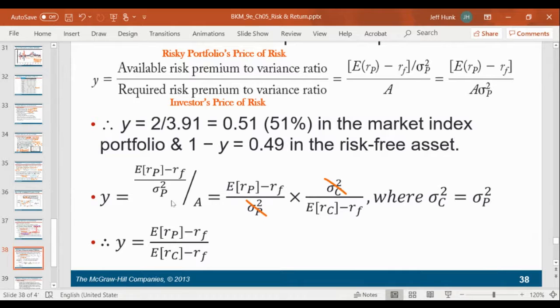The formula is basically risky portfolio's price of risk, in our example, our market, right? And then investor's price of risk. What is investor's price of risk? Investor's price of risk is the complete portfolio's price of risk, right?